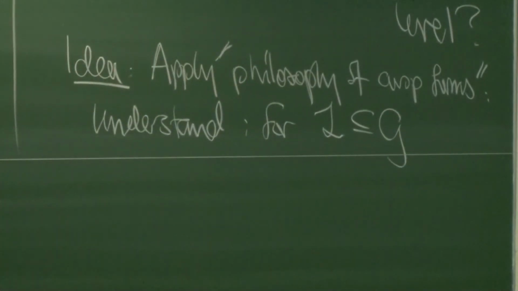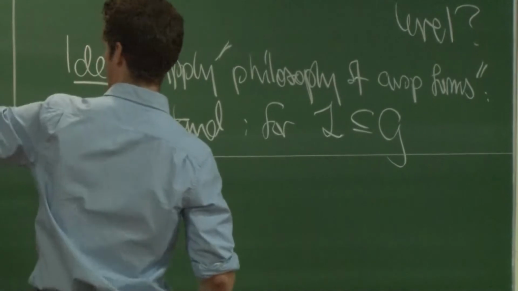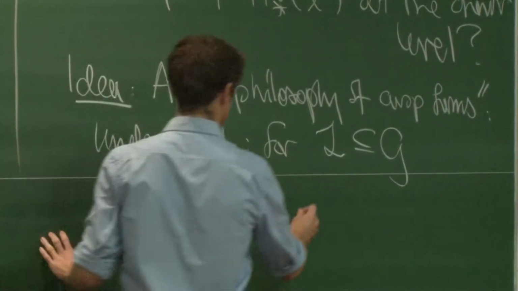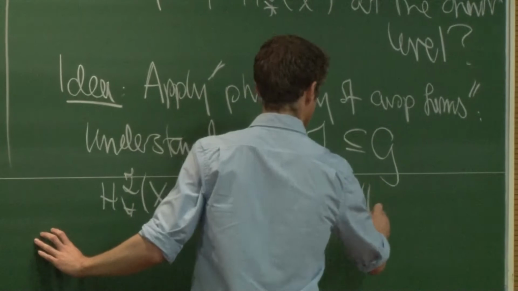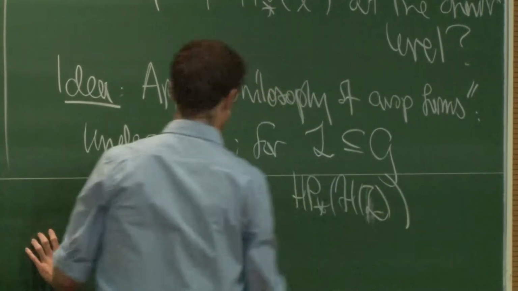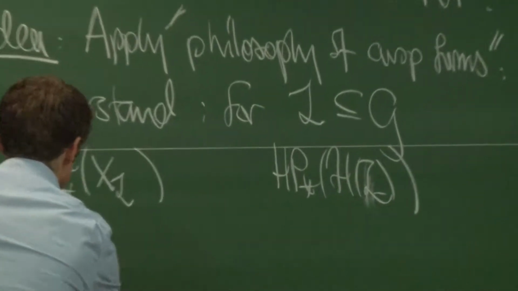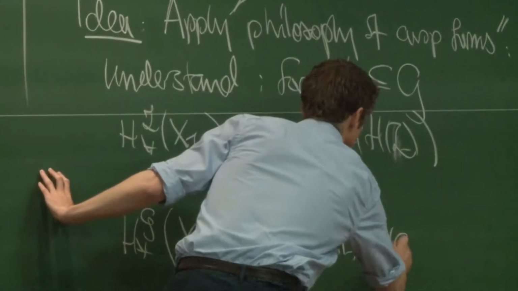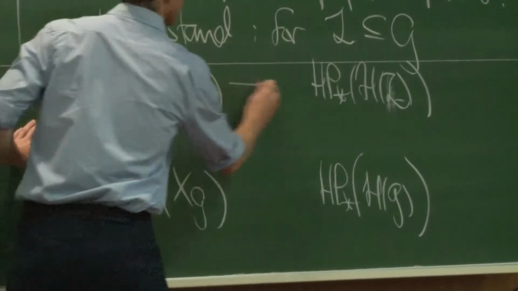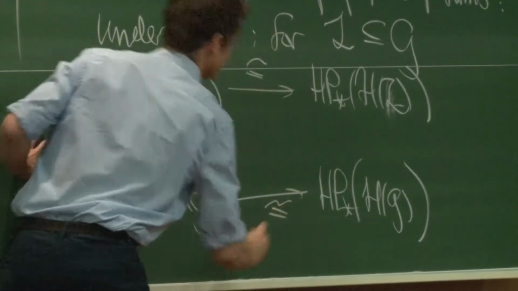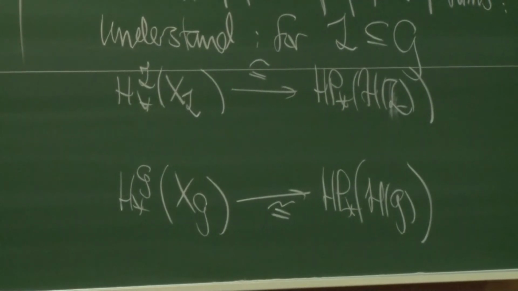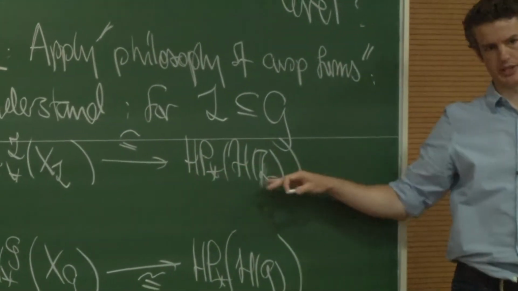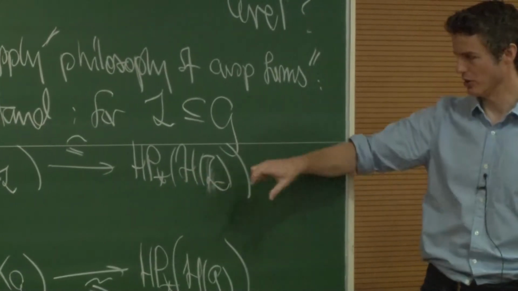If you have a Levi subgroup inside G, then you get two isomorphisms of this kind, one for L and one for G. Right, now, I didn't tell you exactly what this is, but one of its properties is that it's functorial in the category of modules over this algebra.